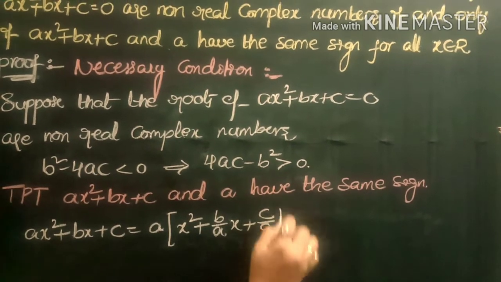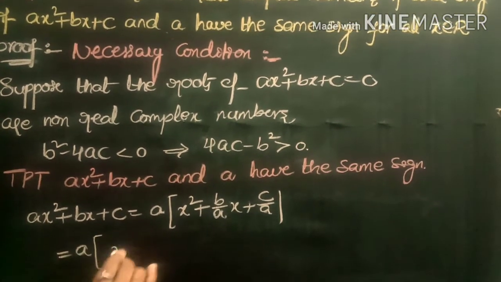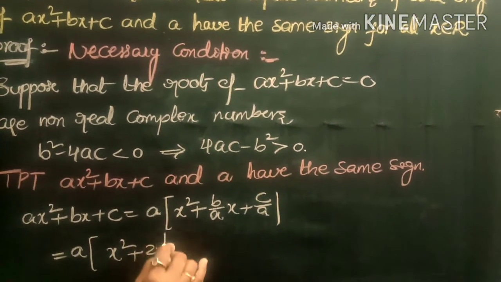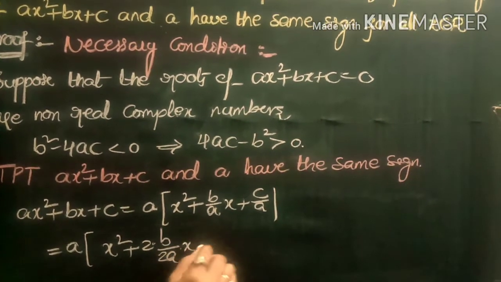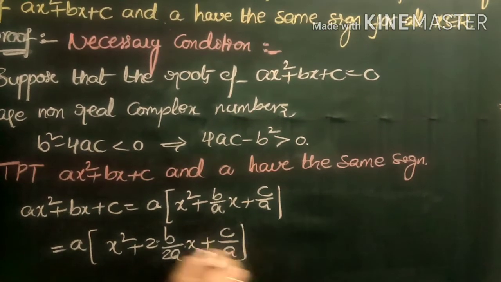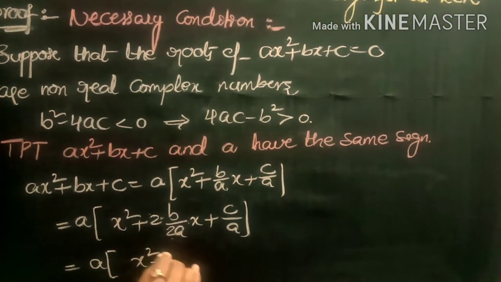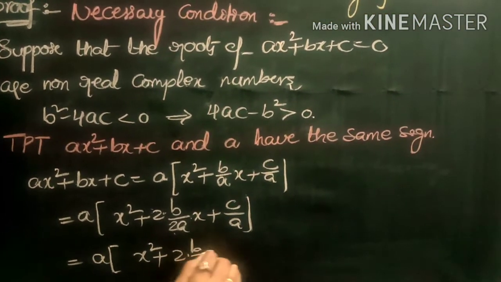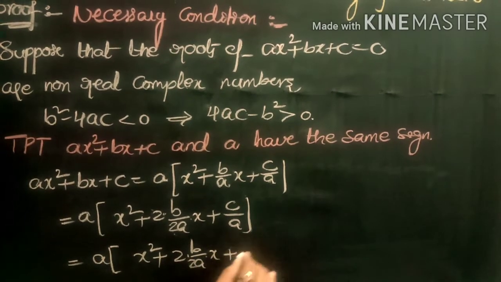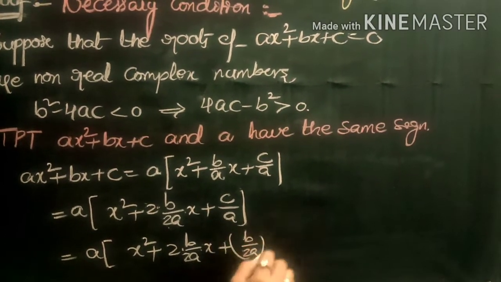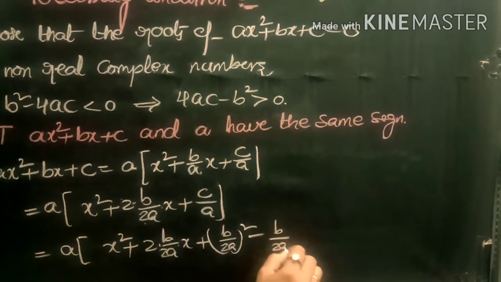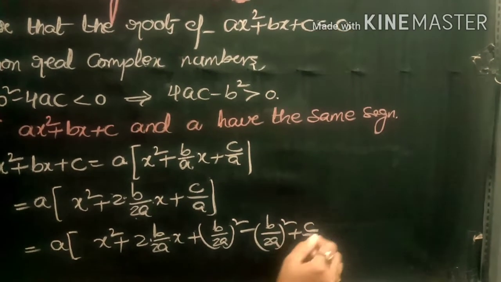In the middle term we apply the number 2 by 2, so this is a into x square plus 2 into b by 2a into x plus b by 2a whole square minus b by 2a whole square plus c by a.